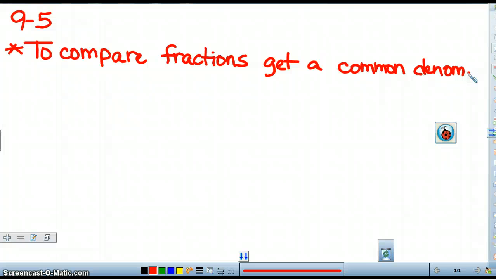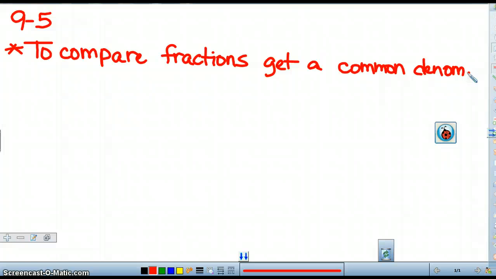So let's take a look on page 230 where it says another example. Write 2 and 5/12, 11/12, 3 and 1/6, and 2 and 1/3 in order from greatest to least. So we have some fractions in there and we have some mixed numbers.